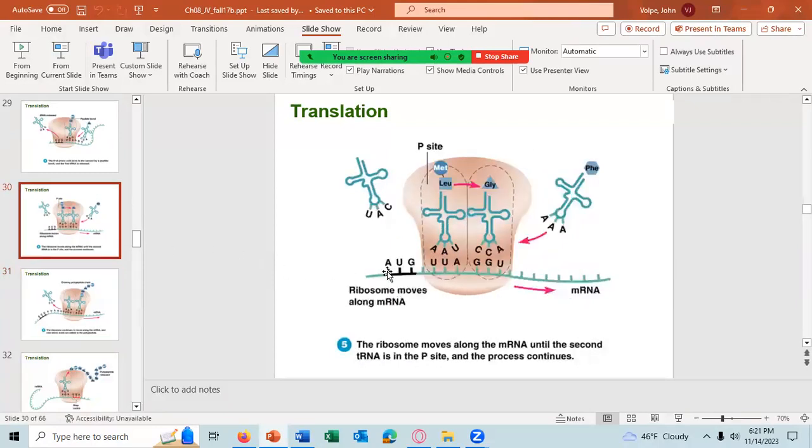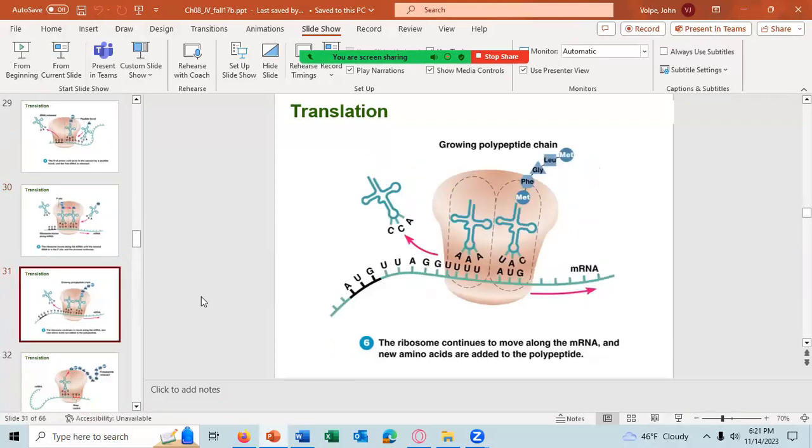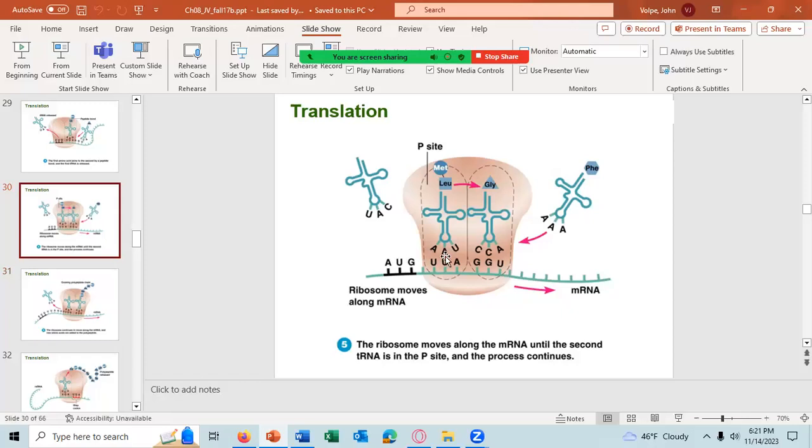Let me go back to make sure I got that right. CCA. I don't even see CCA anymore. There it is there. The point is that once again, the ribosome will move down when this amino acid is removed from this tRNA and this tRNA falls out.